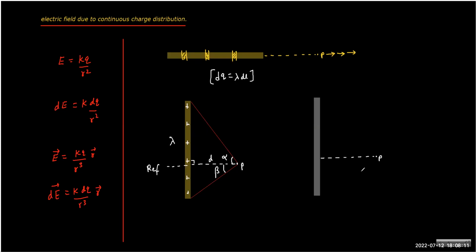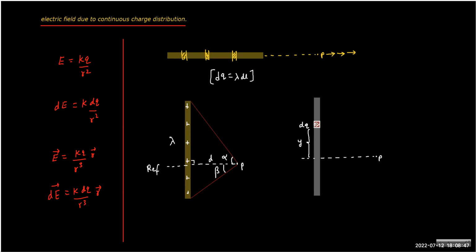So given a point P, you just choose any random location. If I choose a small piece of rod here, the way it will contribute is this, correct? Yes. So the electric field, because this is like a point charge, you're taking a small point charge of value dq, and we always move some distance from the reference.